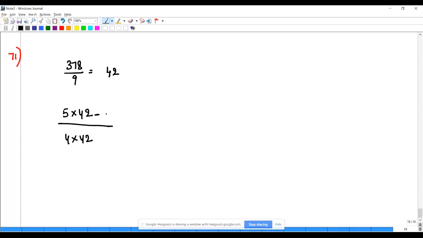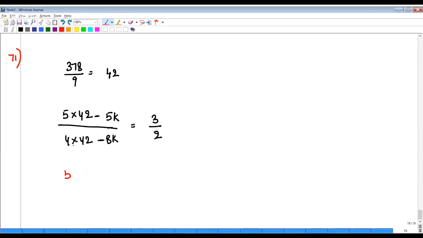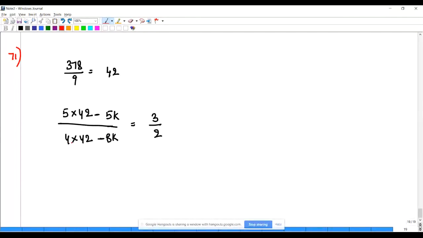So how many of them joined? They joined in the ratio of 5 is to 8. So you subtract the joined ones; earlier it was 3 by 2. So equate it: these are added later, so when you subtract you must get back 3 by 2. Here you just take the common of 2 and cancel it.